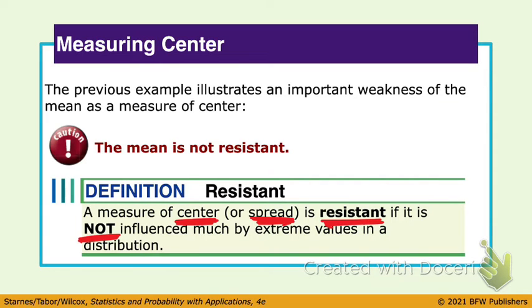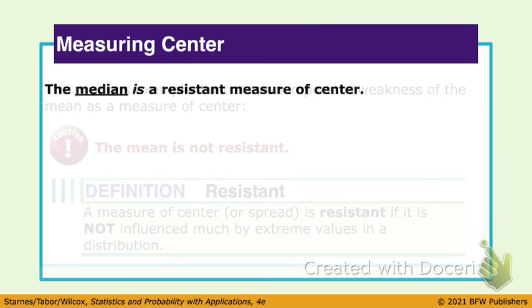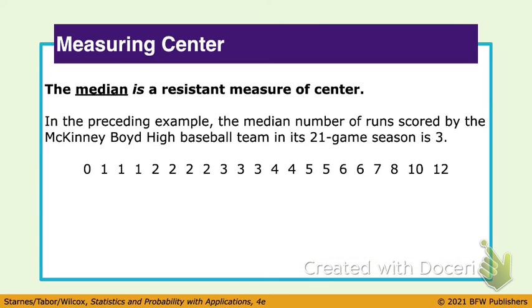So the mean is not resistant. It can't help itself. But the median is resistant. So in that previous example with the McKinney Boyd High School baseball team, we had a 21 game season. The median was 3, okay?